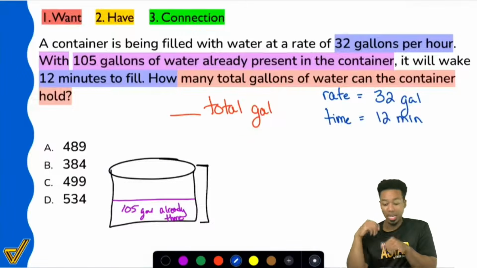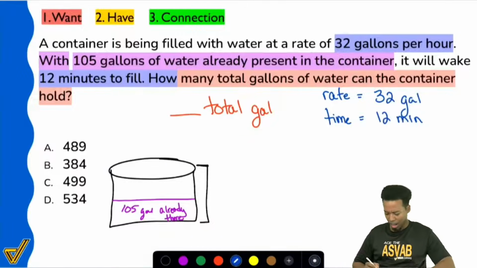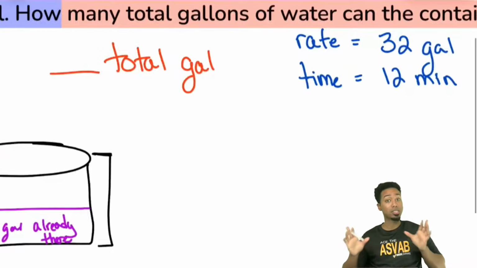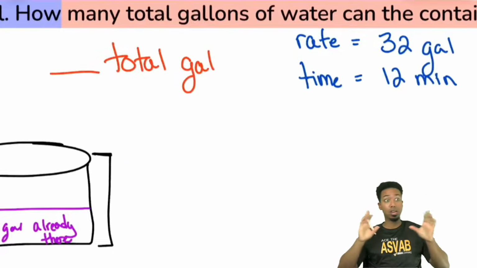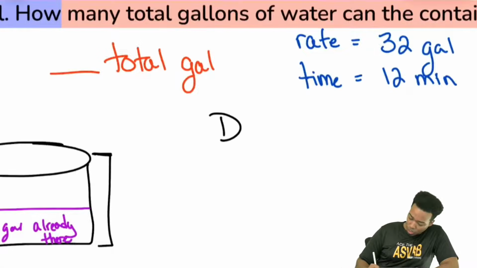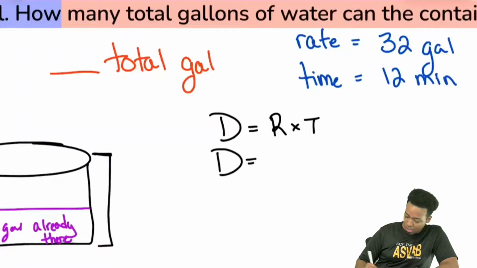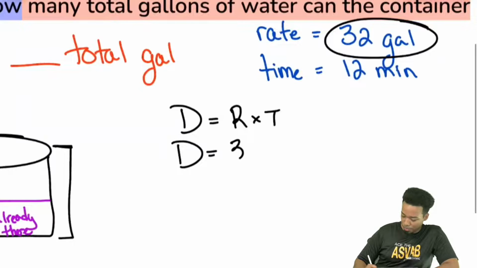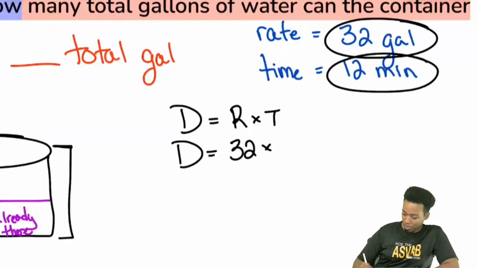Everybody, watch this. This is a very common thing that people might do. This is the mistake that people make: D equals R times T and I'm done. Wait up. If I treat it just like that, distance equals rate times time, well, guess what? The distance that I'm going to solve for, allegedly, is the rate, 32, times time, which is 12.